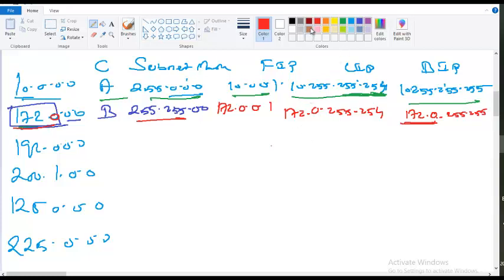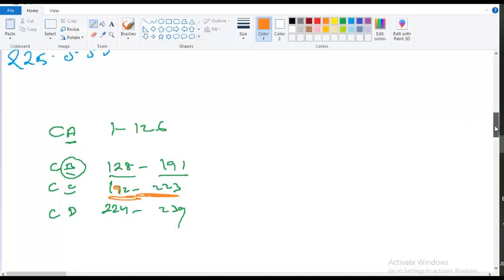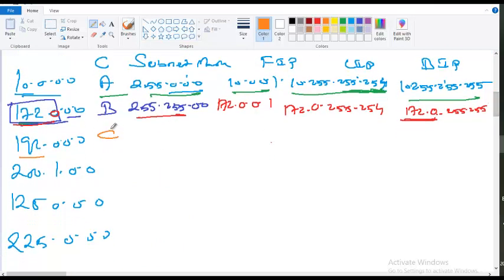Right, shall we go to the next one? Yes. Now 192 is class C. Any number between these two is class C. In the previous class we saw that the mask should be 3 octets, since 3 octets are given for network. The first IP is going to be 192.0.0.1.